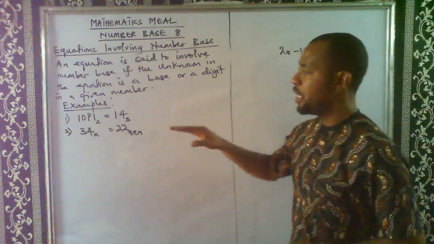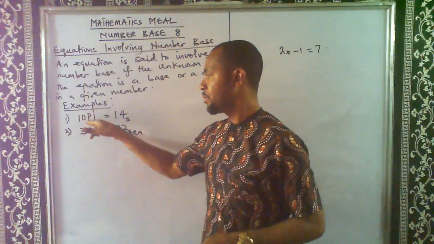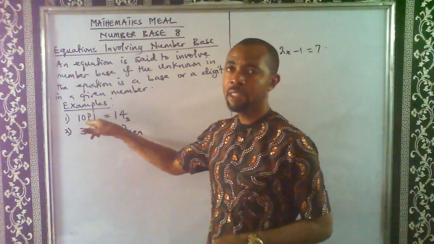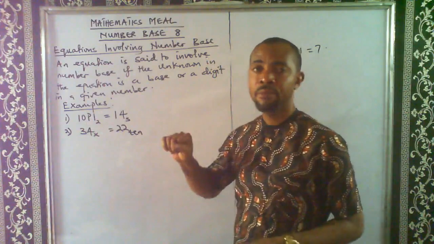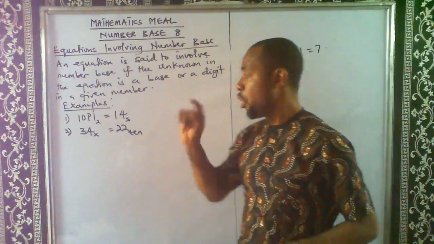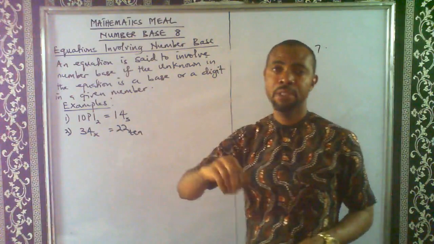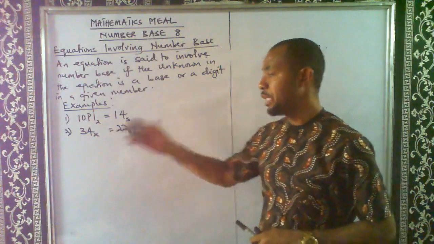So any equation where the unknown is a digit in a given number that has a known base is a number base equation. Also, an equation where the unknown is a base in a given number is a number base equation.